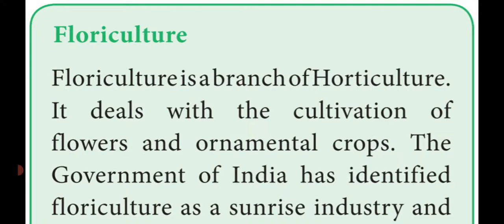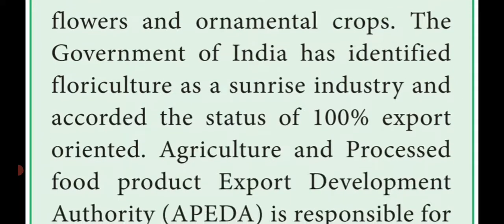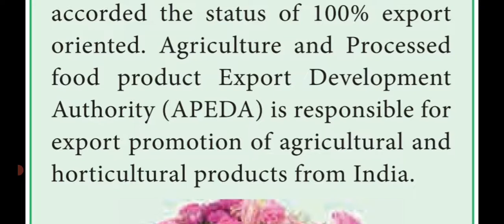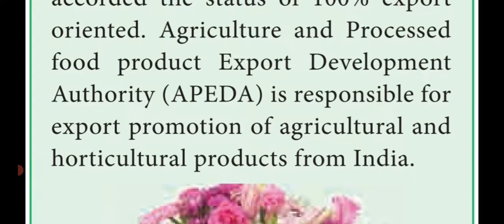So in this paragraph we have only two 1-mark questions. One: cultivation of flowers and ornamental crops is known as floriculture. Two: floriculture is the branch of horticulture. Then the authority responsible for horticulture products is APEDA, that is Agriculture and Processed Food Product Export Development Authority.